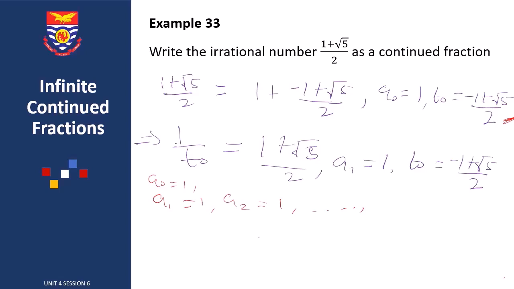In that order, we can therefore write (1 plus root 5) all divided by 2 as 1, 1, 1, 1, and it keeps on going, which will not end.